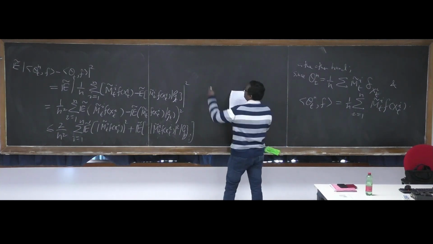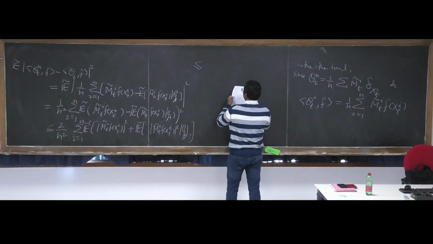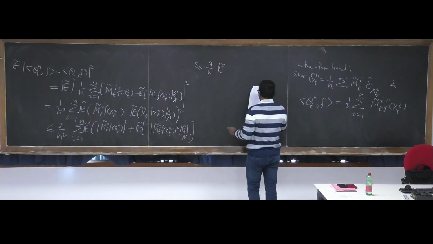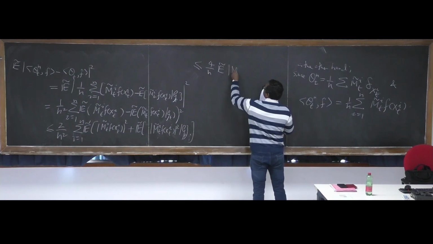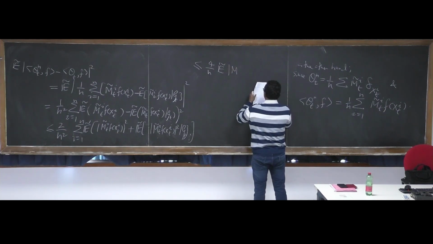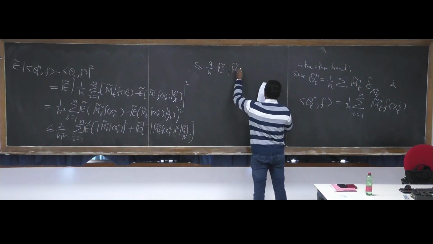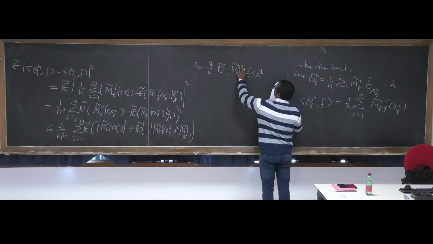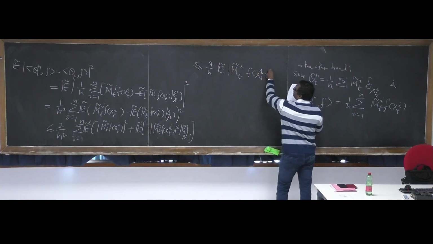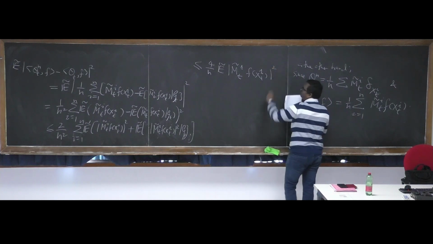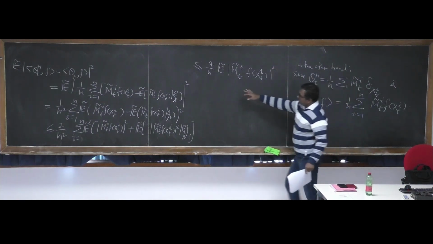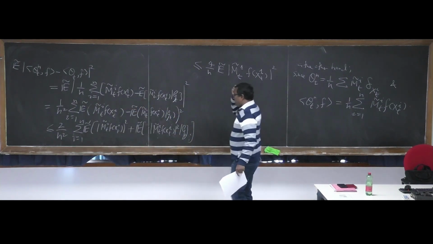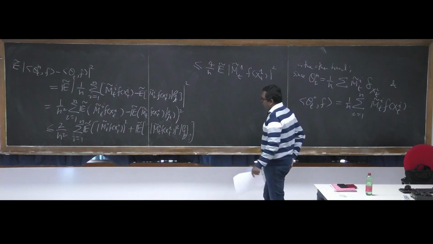So this can be bounded by 4 over n times the expectation of m tilde 1t f of x 1t squared. Then the 1 over n cancels out because they are IID random variables.